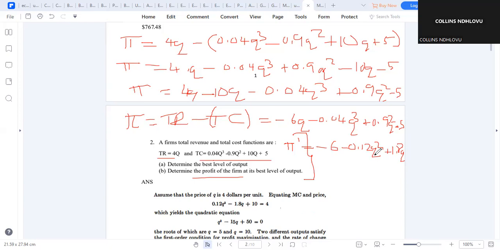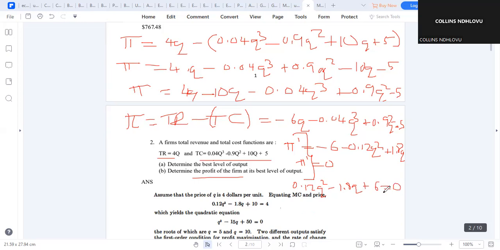So we want to equate the derivative to 0. If this is 0, we take everything to the other side. We're going to have 0.12 q squared minus 1.8q plus 6 is equal to 0.